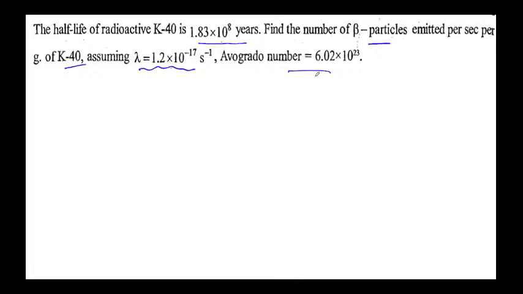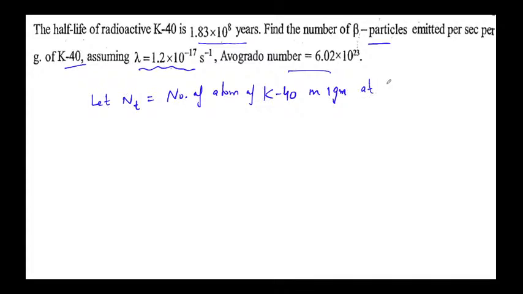Now what we have to find is the number of beta particles emitted per second per gram from this radioactive substance K40, potassium 40. So in this case, suppose Nt is the number of atoms of potassium 40 which are present in 1 gram.